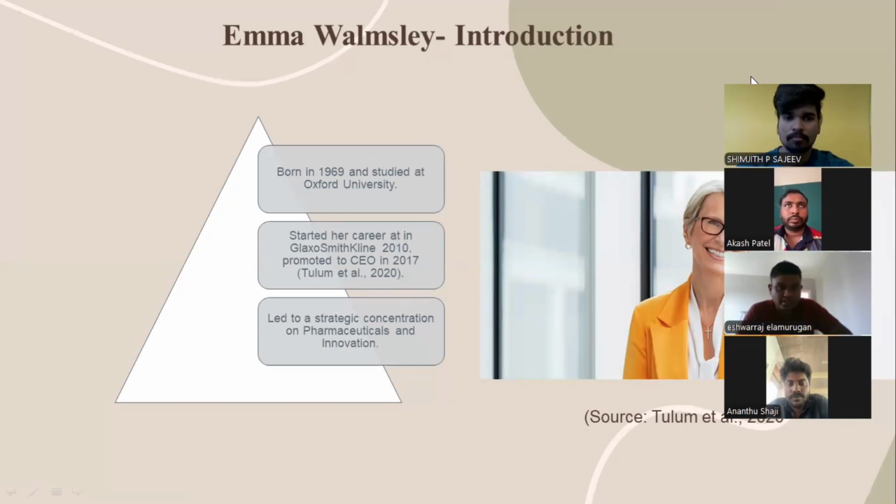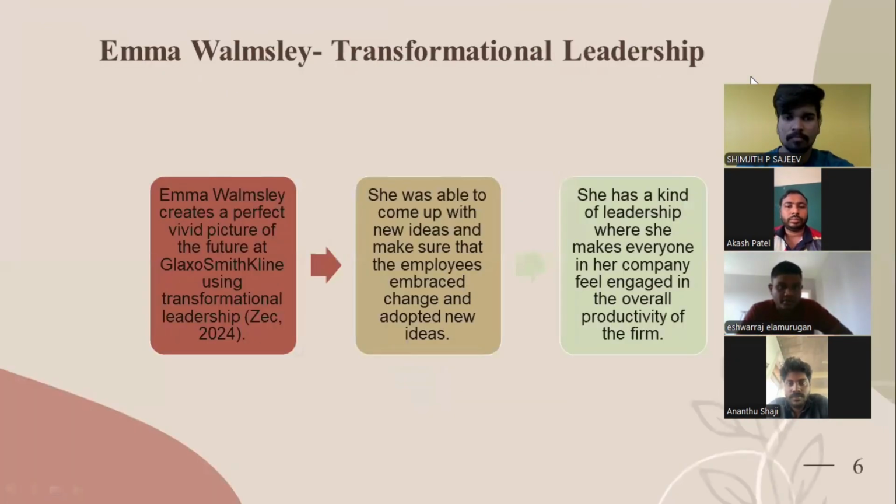2020. And the next slide is Emma Walmsley's transformational leadership. Emma Walmsley creates a vivid picture of the future at GlaxoSmithKline using transformational leadership, 2024. She was able to come up with new ideas and make sure that the employees implement the change and adopt new ideas every time.